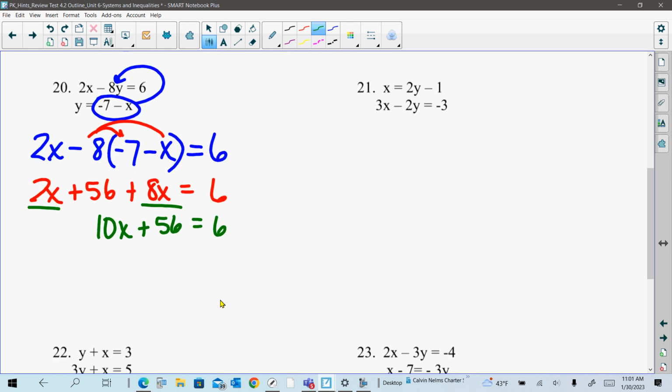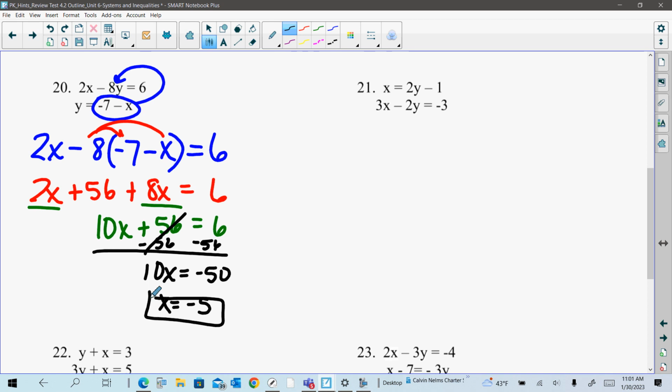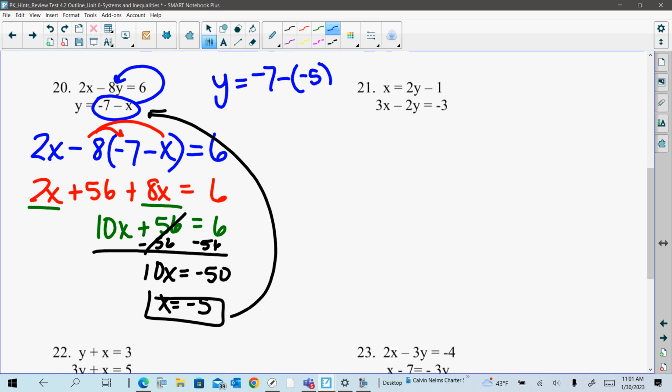Then you need to subtract the 56 on both sides. Negative 50. So what's our x? Negative 5. All right, now how do we get back to our y? Plug it back in. Negative 7, parentheses, negative 5.